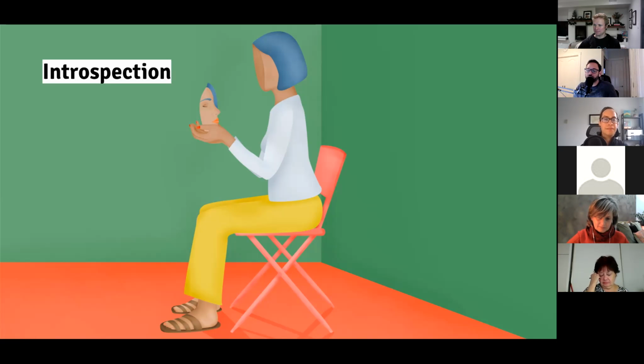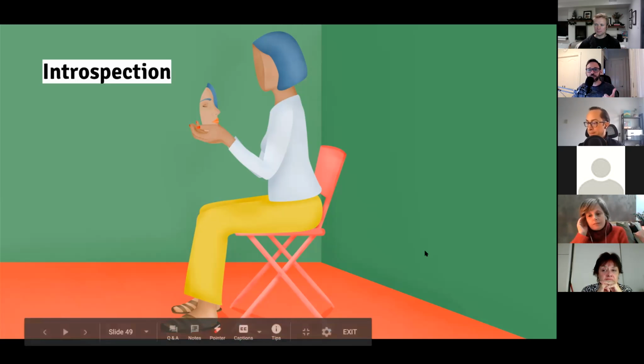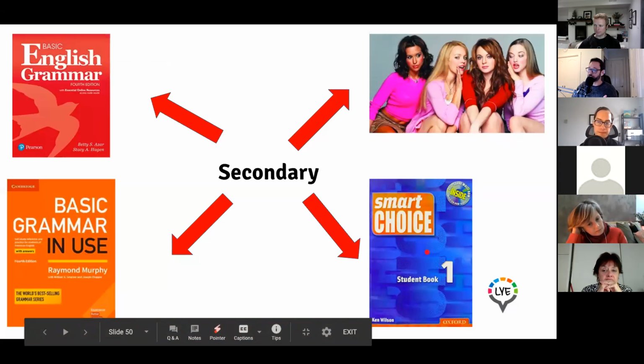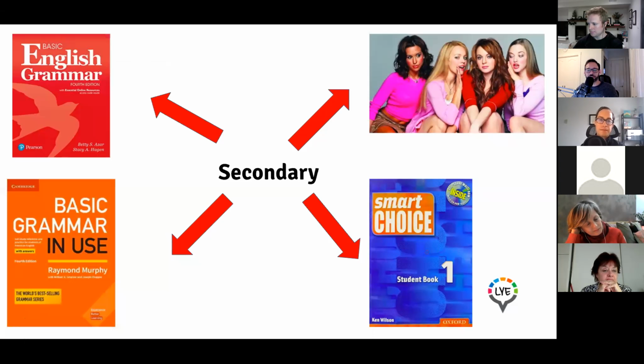Another source, I call them the informants, which are other speakers of the language who are often asked to make judgments about whether certain forms are acceptable or what they mean. So that's the first source of information. Our secondary source of information is actually secondary. These are other descriptions that can be found in print or even in people's heads.